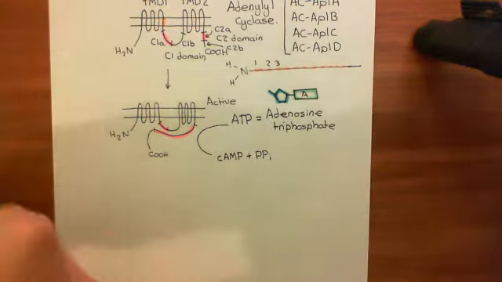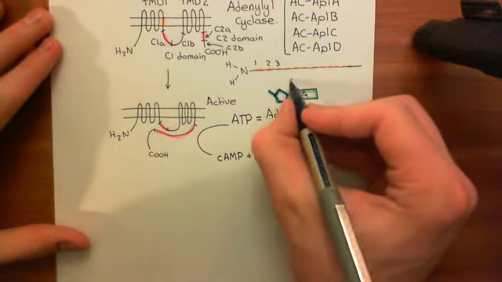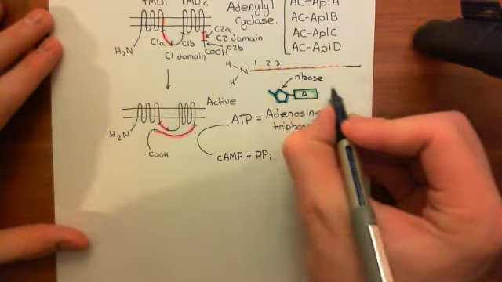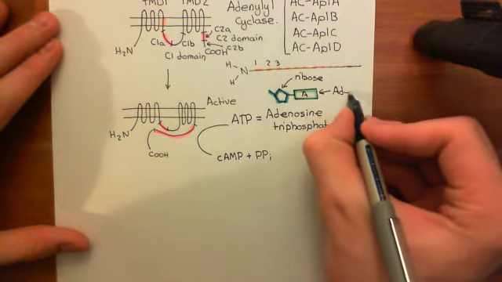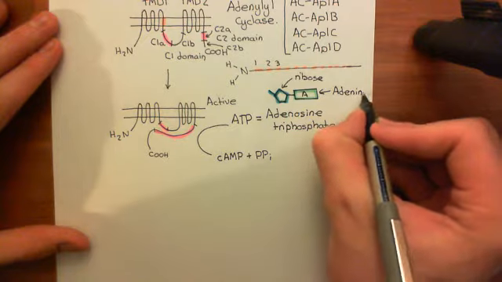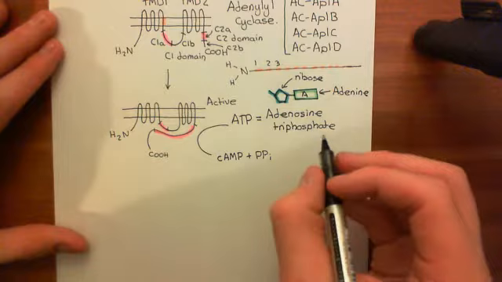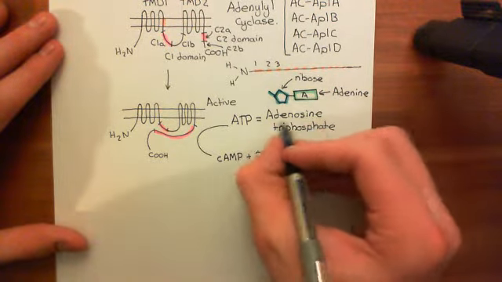So, the blue pentagon with the 5th carbon sticking off up here, this is supposed to represent ribose, and the green rectangle with an A written in is supposed to represent adenine. So, the combination of the two is then adenosine.